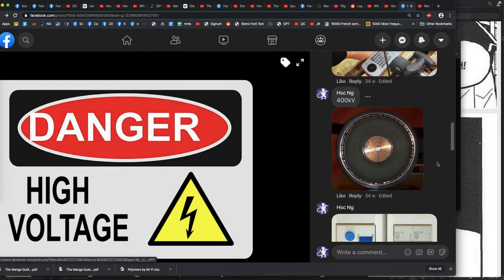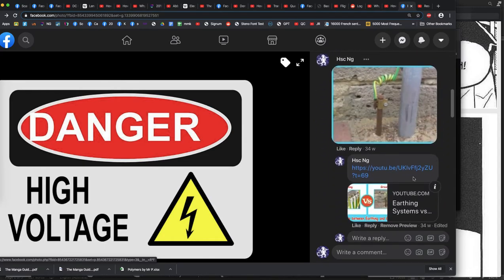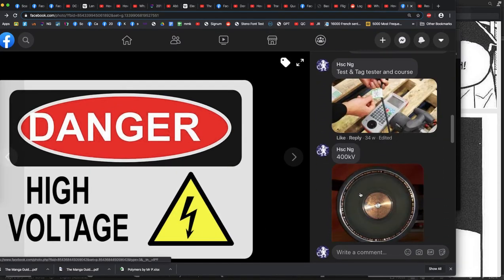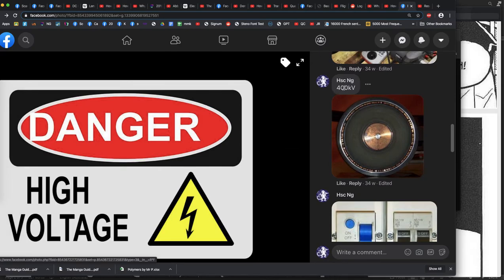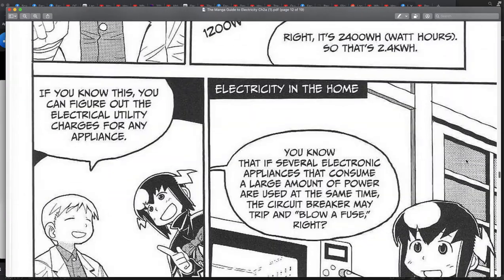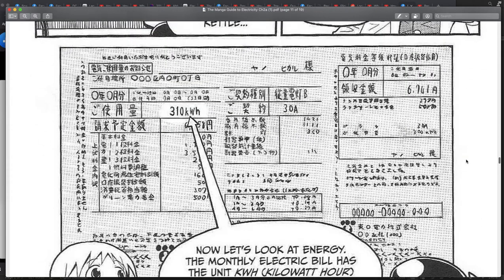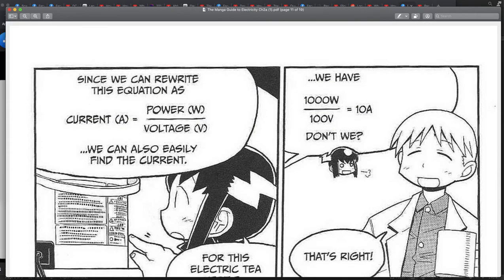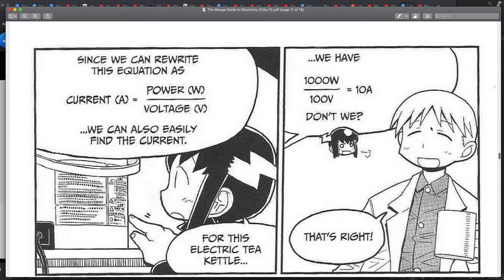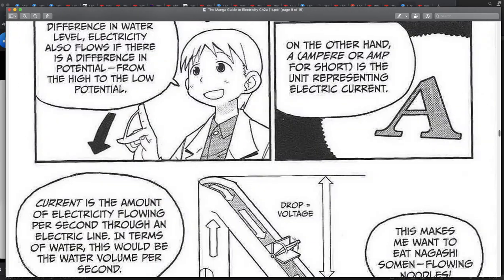Okay. So the next thing is the concept of shielding. When we're talking about high voltage, danger, high voltage cables, how many volts do we use in Australia? It does vary. In this manga guide to electricity, somewhere in all this Japanese they talk about what voltage they use out of the walls.